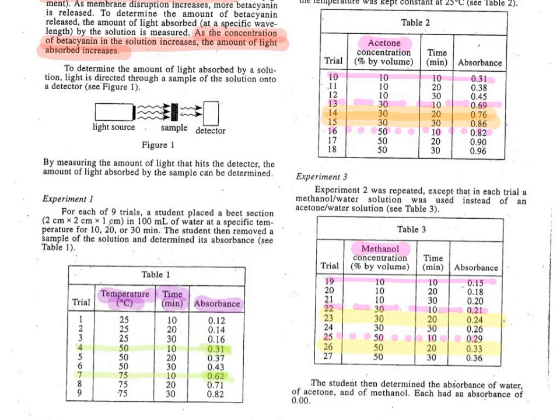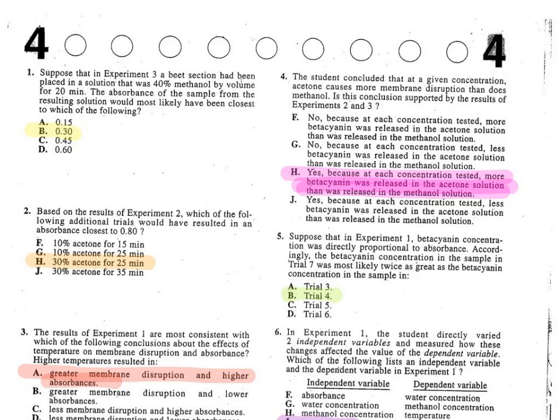I compare that also at 30 and 50, and I notice the pattern holds true. Therefore, we say yes, because at each concentration tested, more beta-cyanine was released in the acetone solution than was released in the methanol solution.